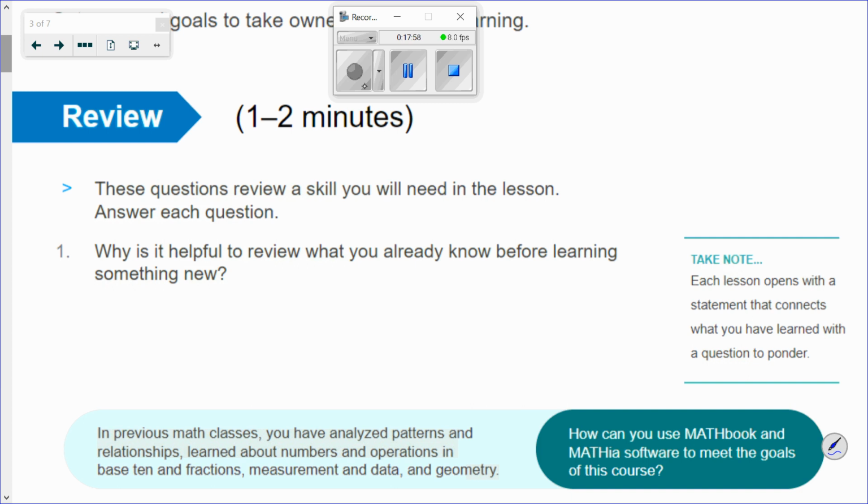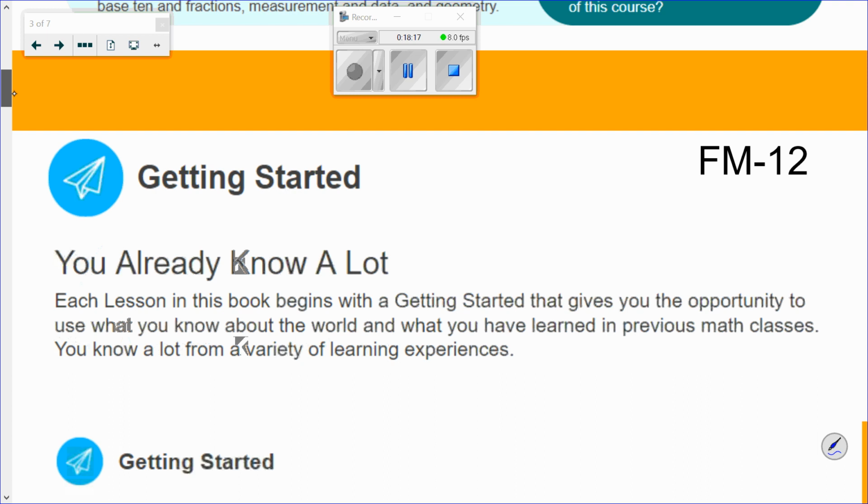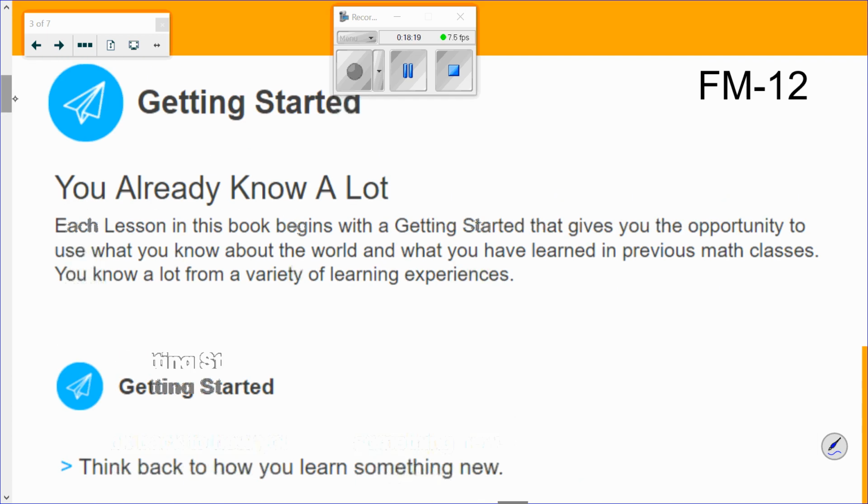What we're going to be doing is taking those base skills that you already have and continuing to build on them this year. Here's another kind of thought question. How can you use the math book and Matthew software to meet the goals of this course? And that's what today's lesson is kind of about. How are we using all the materials we have in our new curriculum to help you guys get to where you need to be in your learning?